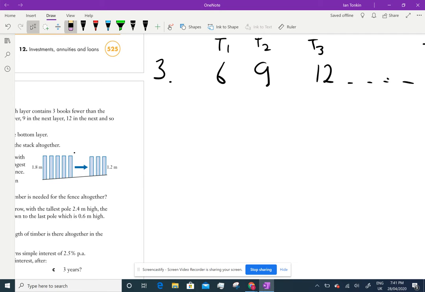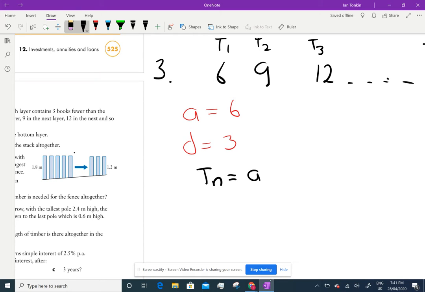Whenever you do one of these, it's quite important to write down, well, what do you know? My first term is 6. It's an arithmetic series or sequence, so my difference is 3. It's going up by 3. And what do I need to find? I need to find how many are in the nth layer.